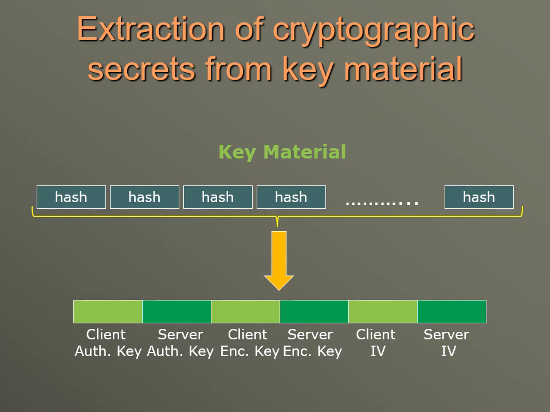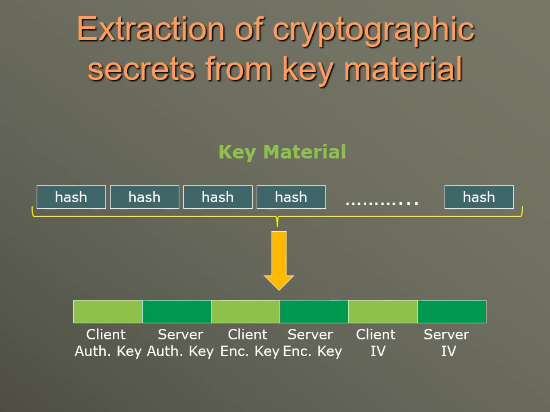So from this key material, we extract the authentication key, then the encryption key and initialization vector. We need 6 secrets, that is client authentication key, server authentication key, client encryption key, server encryption key, then the client initialization vector and server initialization vector.